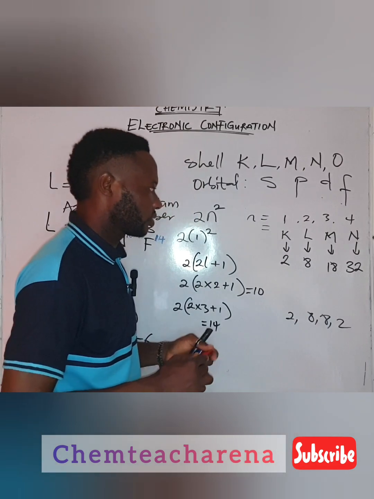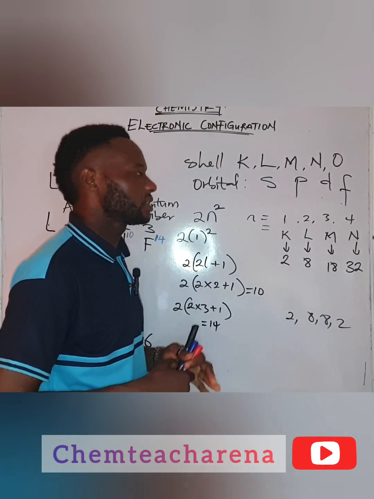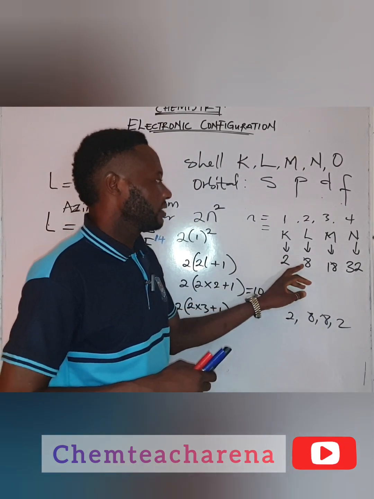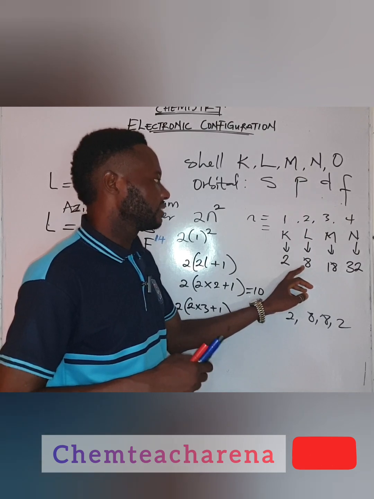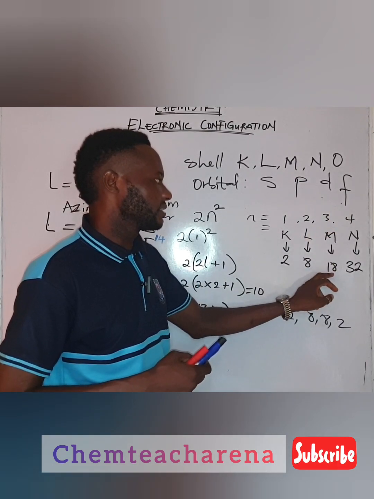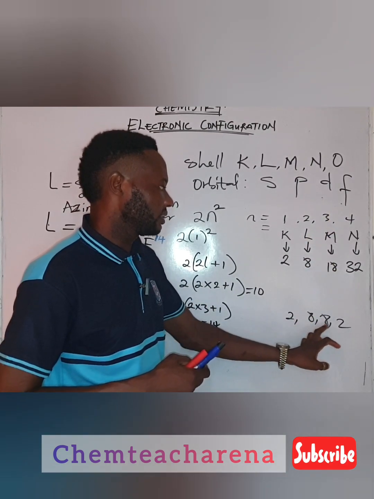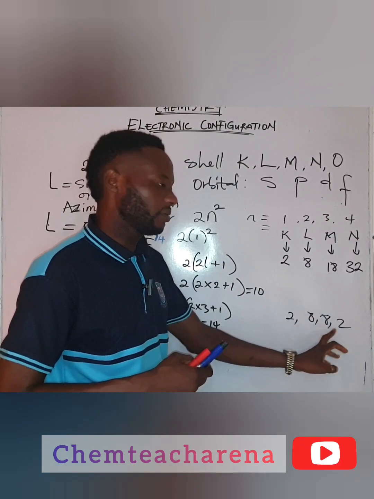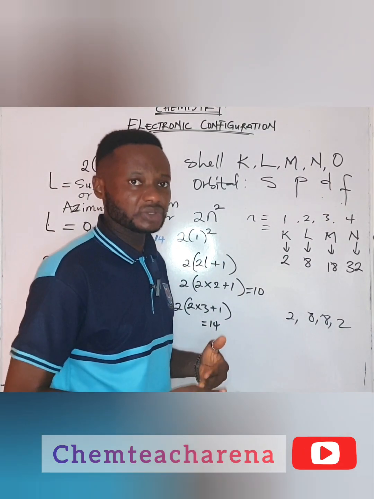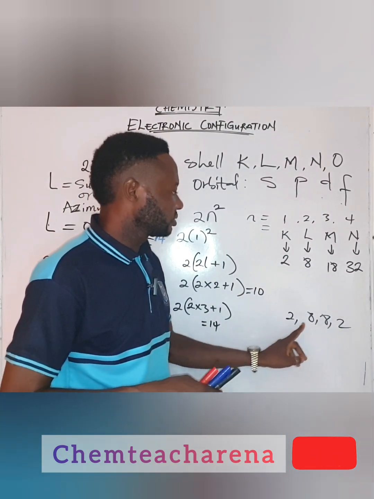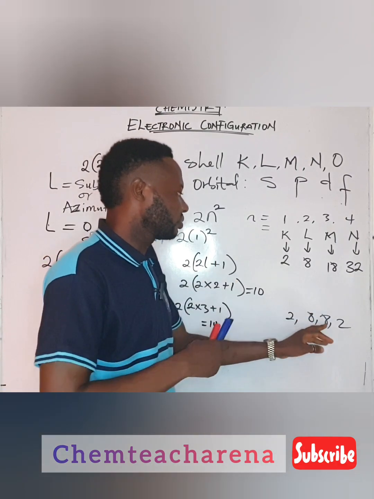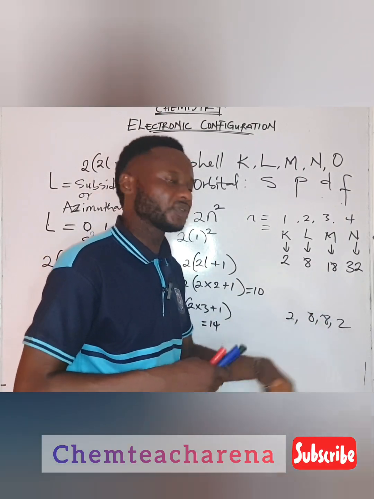2882. Most times students will be saying that L is 8, M is 18, but here we have 2882. This is K, L, M, N. Students get confused. They will start saying, but sir, why are we not making this one get to 18 before we move on to the next one?